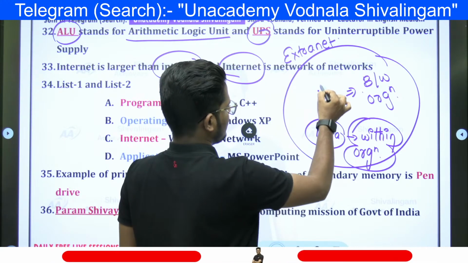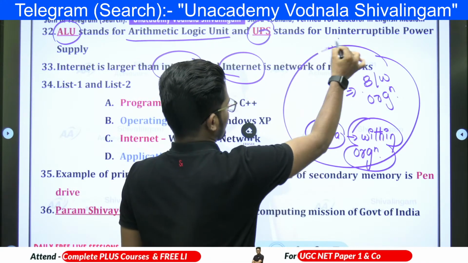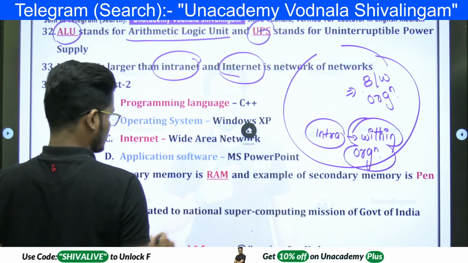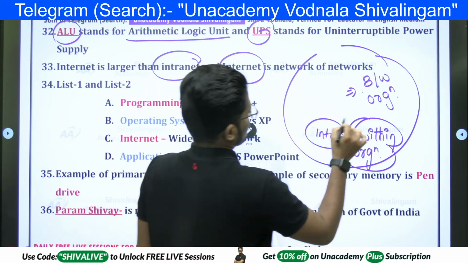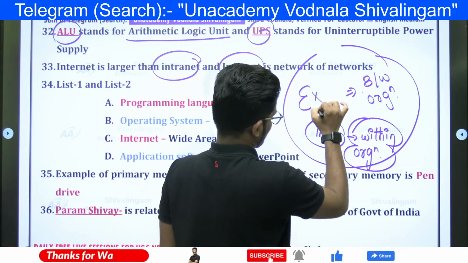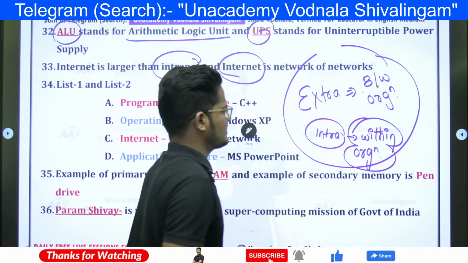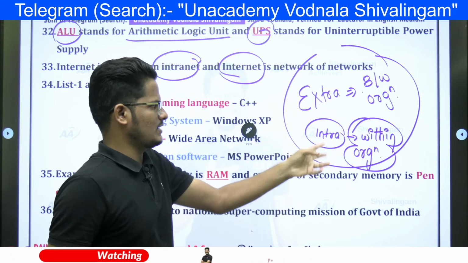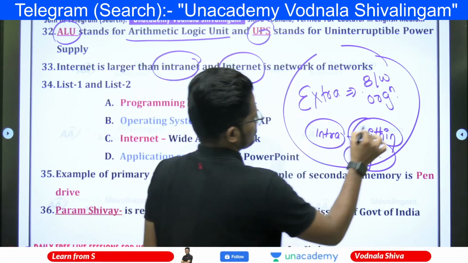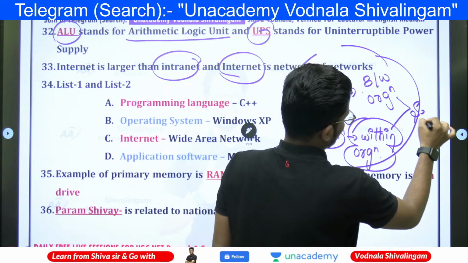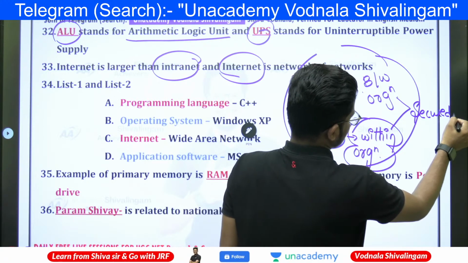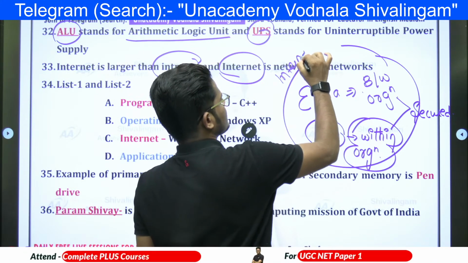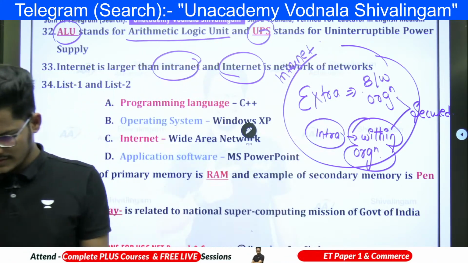This is extranet. Extranet is between organizations, intranet is within the organization, and both are secured. People who have authorization alone are allowed. Whereas internet is broader in sense, it gives access to the total network of all networks.